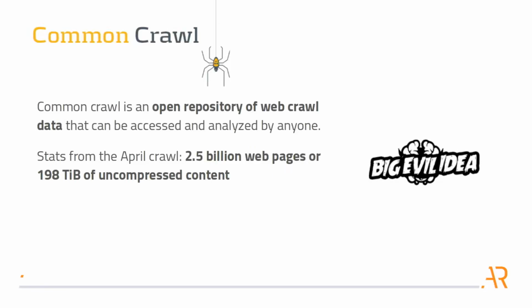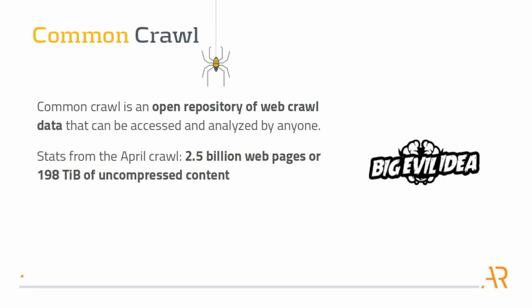Common Crawl is an open repository of web crawl data. Common Crawl stores 2.5 billion web pages. They crawl the internet and they store it for you to analyze. It's free. You can access this data set for free. And that's what I used.